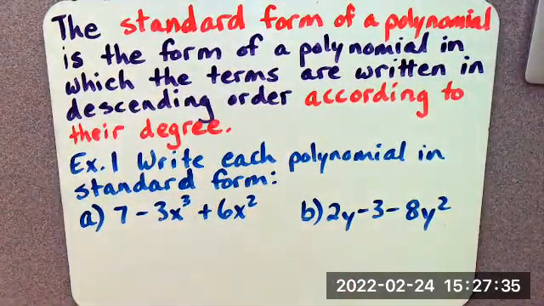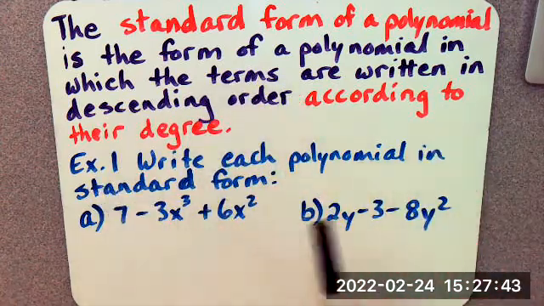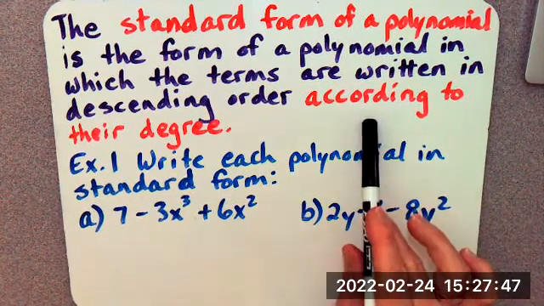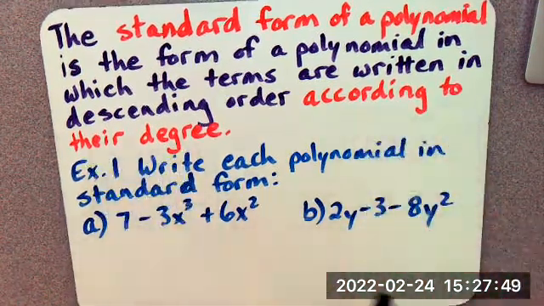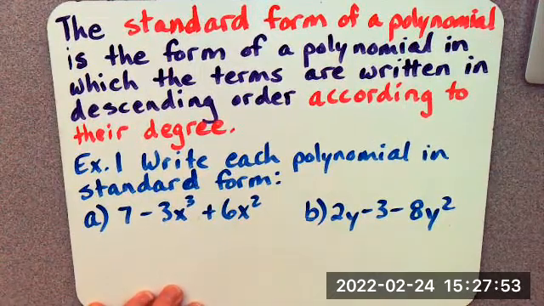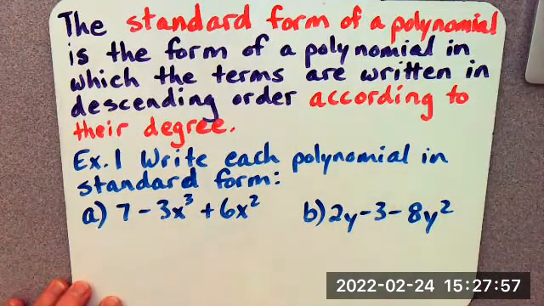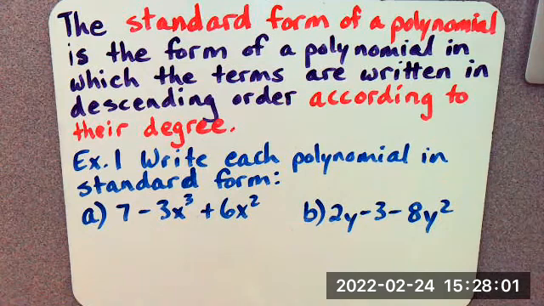All right, so the standard form of a polynomial is the form of a polynomial in which the terms are written in descending order according to their degree. Okay, so we write from the highest degree to the lowest degree. So for example 1, we're going to write these polynomials in standard form.